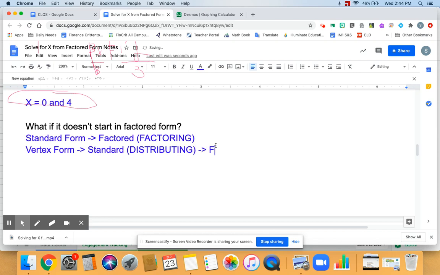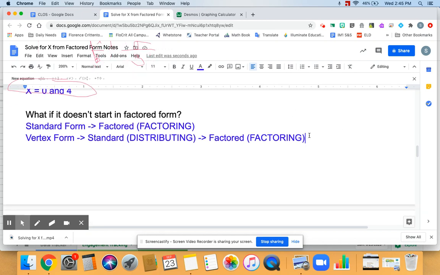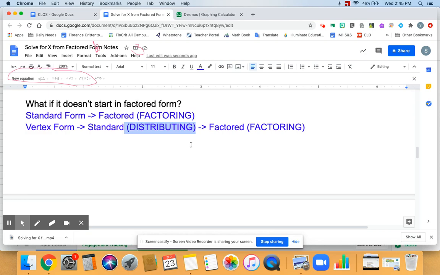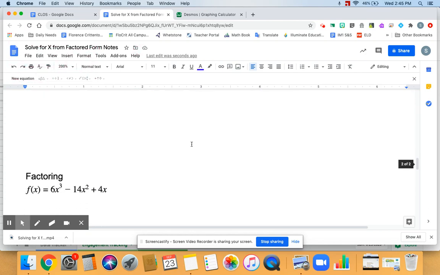Then I'd go to factored form by using factoring. So ideally, in the first half of this class, you learned how to factor already, and you learned how to distribute in math a couple years ago. So you should know how to convert already, but just in case, I'm going to remind you.